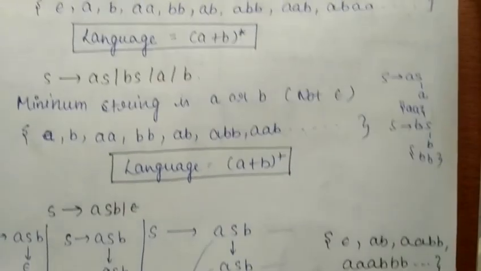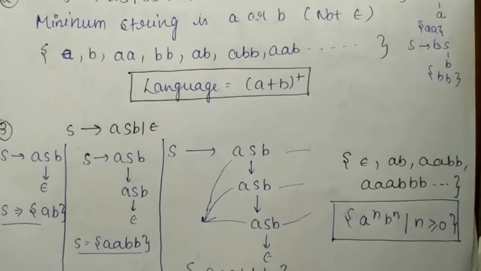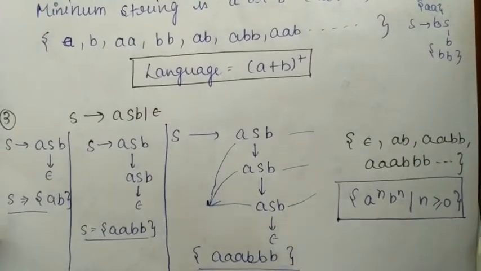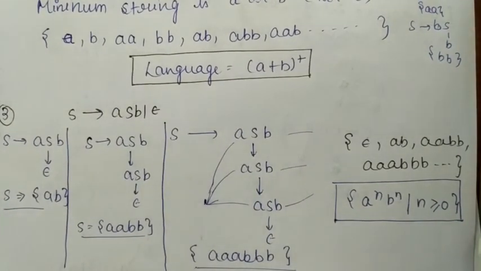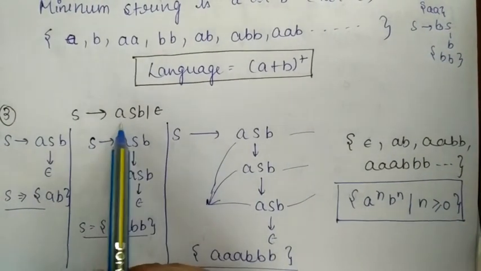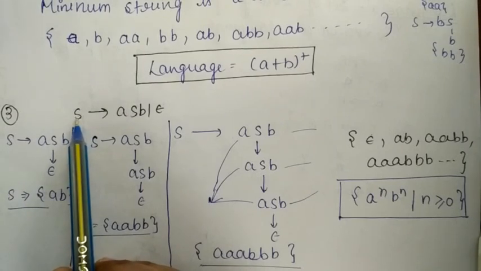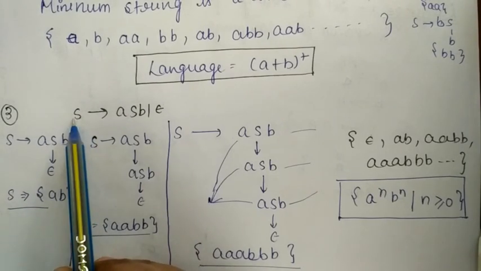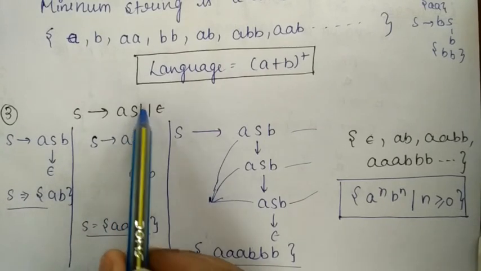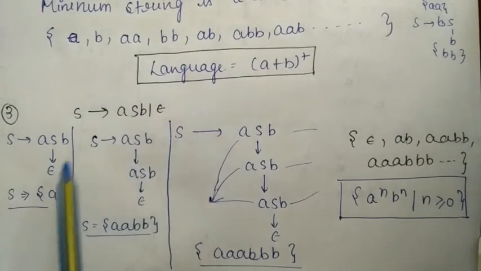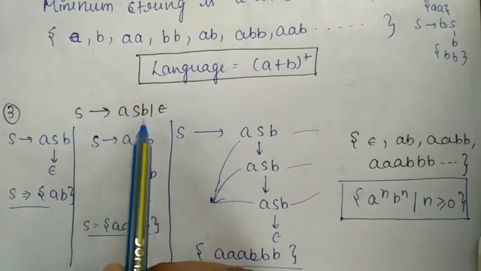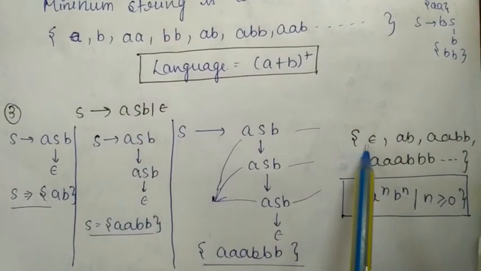Now in the next example, if we have a grammar like this, what will be the language? How can we make replacements? S tends to aSb, and then epsilon. So what is the minimum string? The minimum string is epsilon.